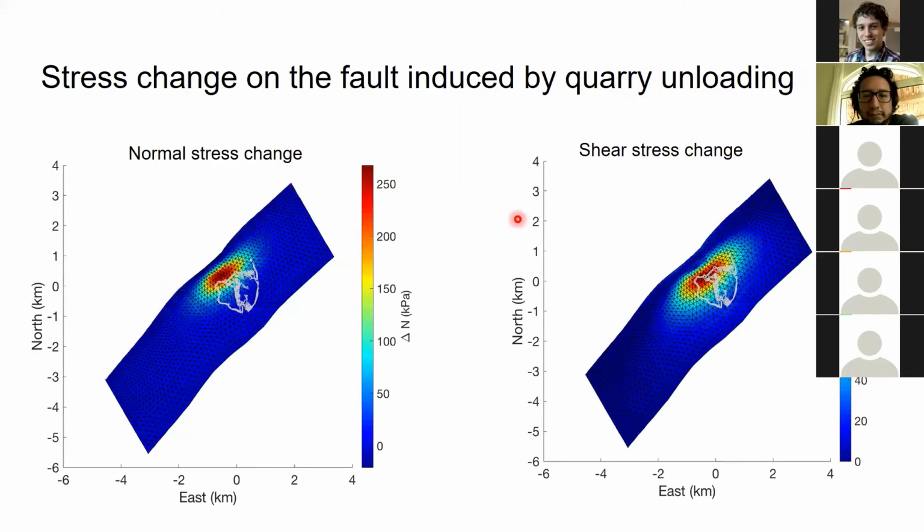As we can see, both normal and shear stress changes are concentrated near the quarry, in the range of 1 to 2 kilometers depth. The maximum normal stress change is about 250 kilopascal, and the maximum shear stress change is about 140 kilopascal. Now, next slide.